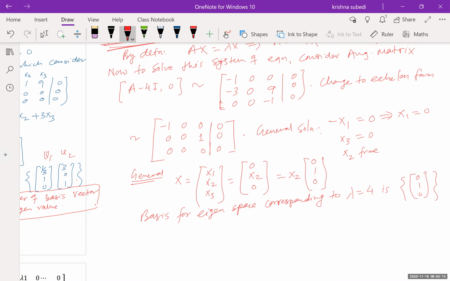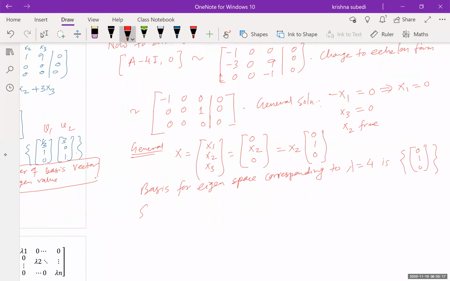So what is the geometric multiplicity? How many basis vectors are there? 1. Yes, so the geometric multiplicity of lambda equals 4 is 1, because there is only one basis vector.